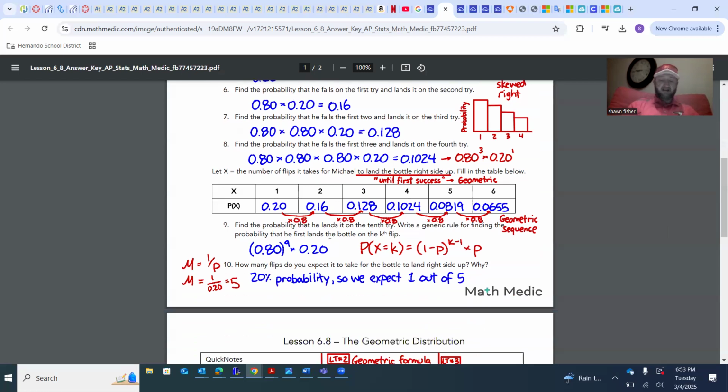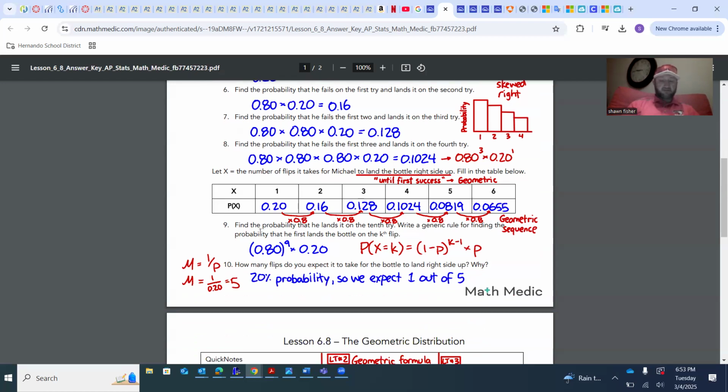Geometric, we're multiplying, right? And that's how we get it. The probability that was already given to us, times 0.8, which is a failure. I fail every single time until I reach a success.